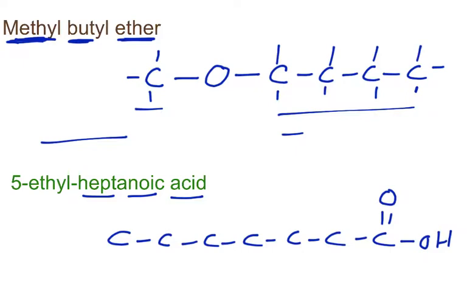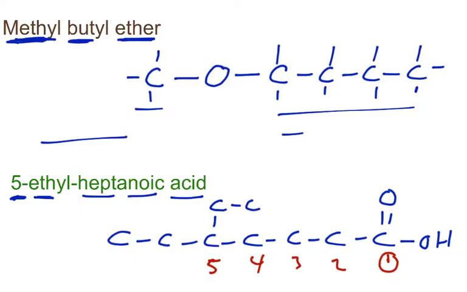And at carbon number 5, we have an ethyl group. The carbon in our acid group will always be carbon number 1, so that's carbon number 1, 2, 3, 4, 5. Here at carbon number 5, we will put in an ethyl group. So I'll put C right there, connected, and we're done.